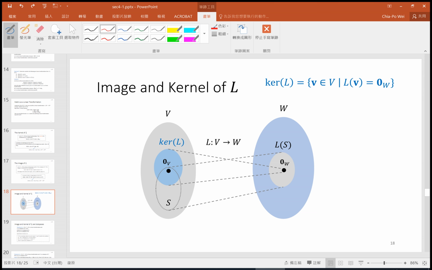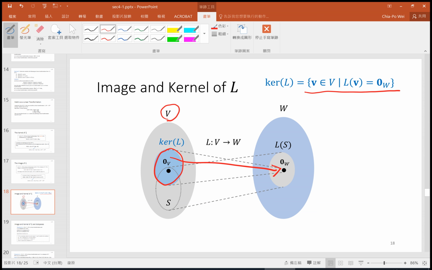The kernel of L corresponds to the blue region in the vector space V, and every element in the blue region will be mapped to the zero vector in vector space W. This is exactly the definition of kernel L, which is the collection of all vectors in V such that L(v) equals the zero vector in W. Because of the definition, kernel of L is a subset in the vector space V.